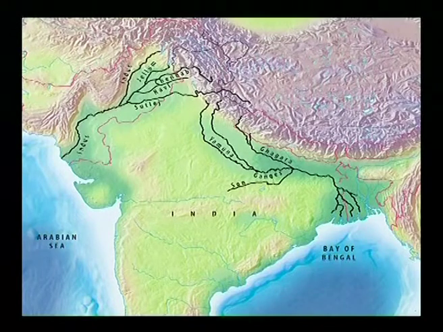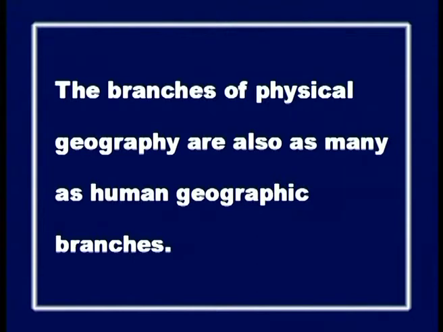Geography at a broader level, as we have seen, can be considered as physical and human, each having a number of branches. We've already seen the branches of human geography. Branches of physical geography are also as many as human geographic branches.